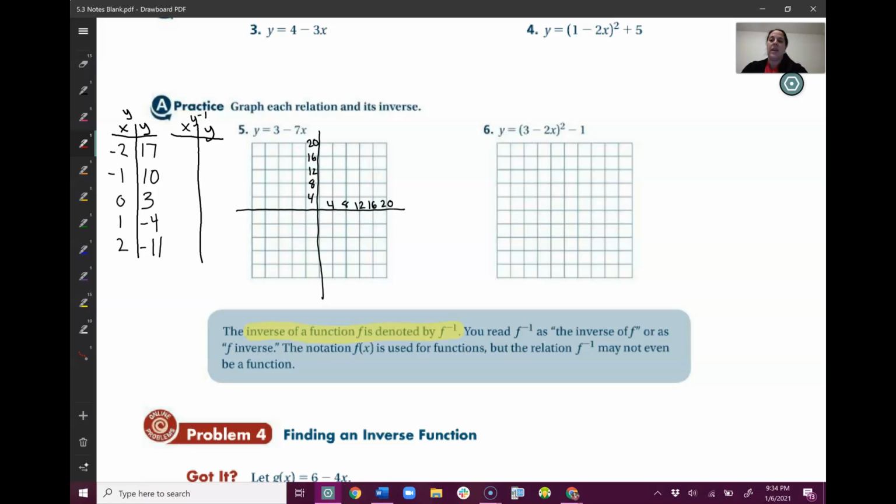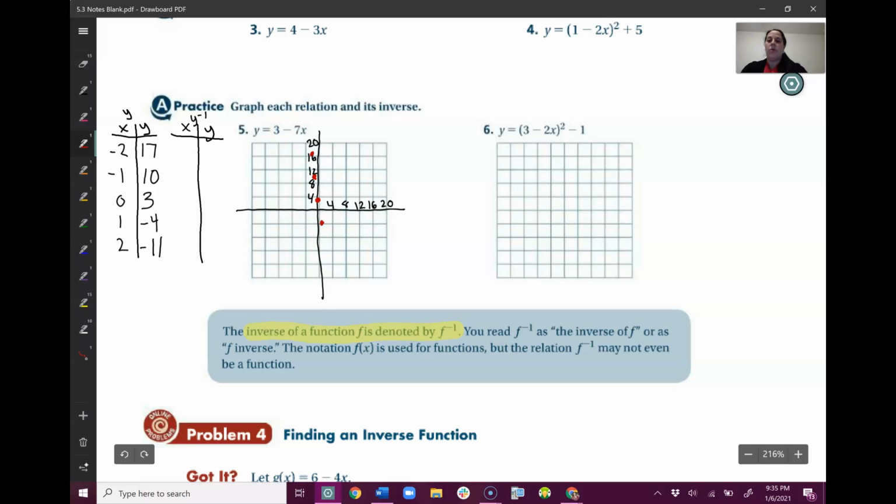So the first one is -2, 17. So -2, 17, about there. -1, 10, right there. 0, 3, about there. 1, comma, -4, so that would be there.